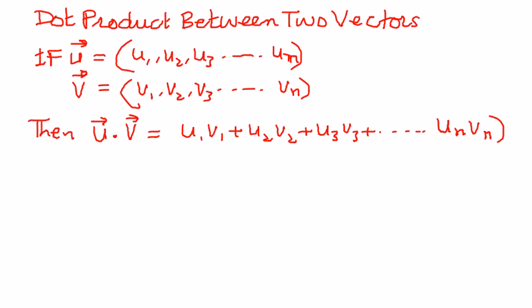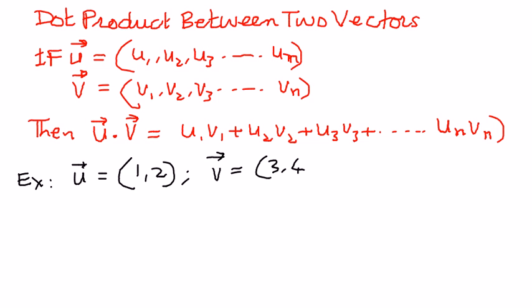So just to reinforce what we have seen here, let us take a simple example. Let's say u is a vector, and the components of this vector are 1, 2, and I have another vector v, and the components of this vector are 3, 4, just for a simple example's sake.